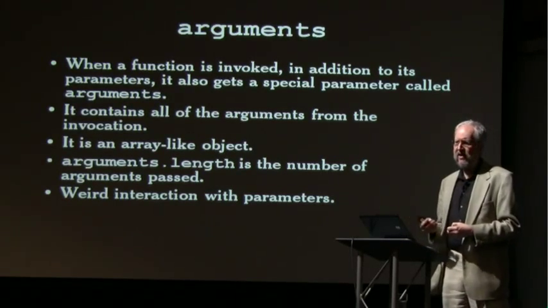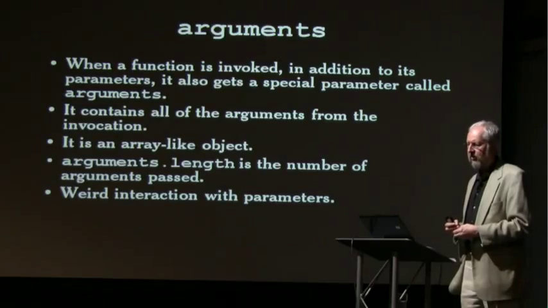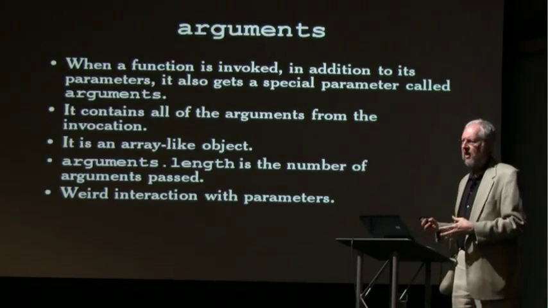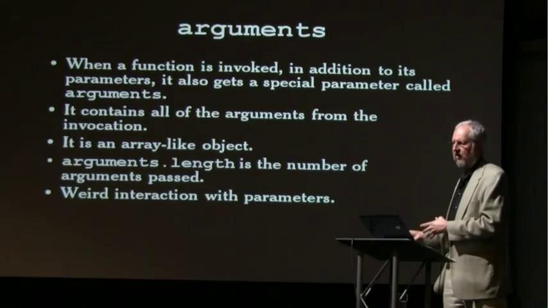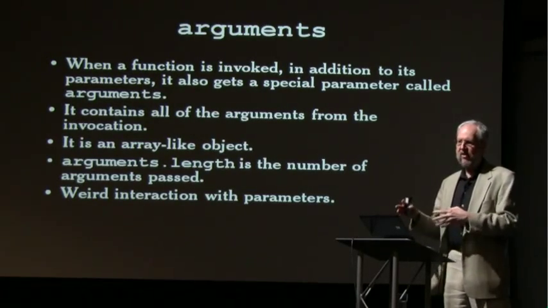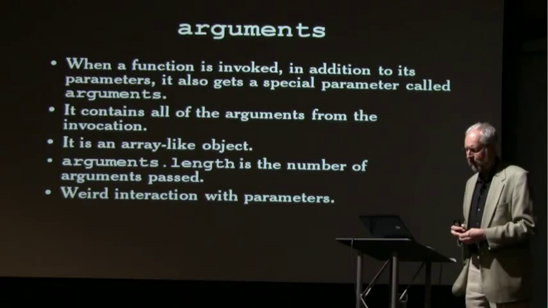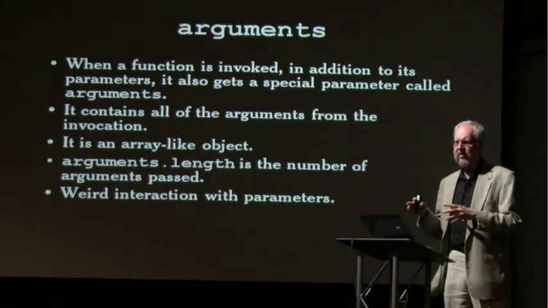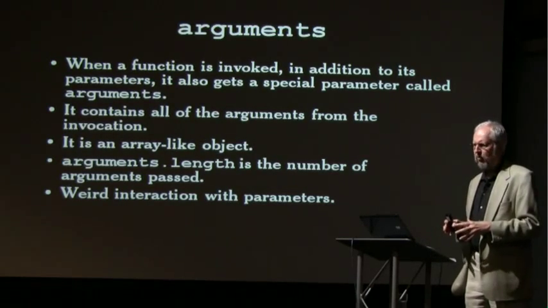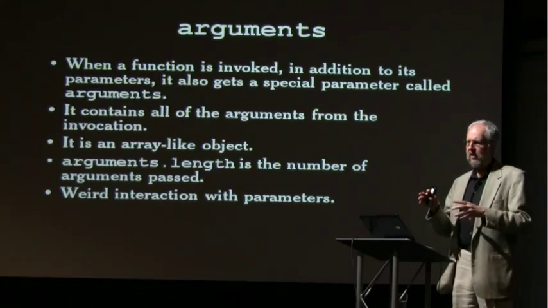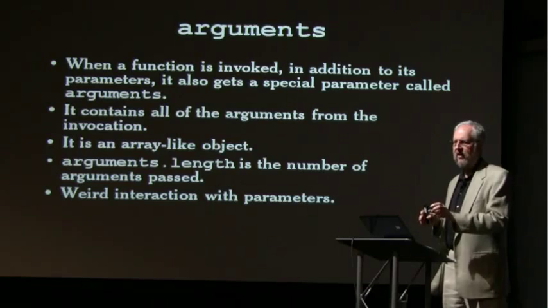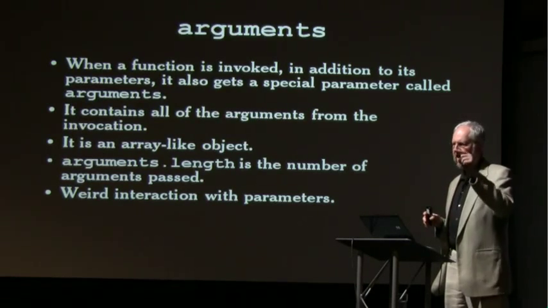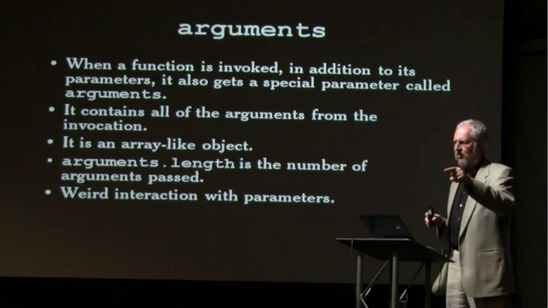It's array-like in that it has a length property, so you can ask arguments how many arguments were actually passed to this function, which might be different than the number of parameters that you specified. It also has very weird interaction with parameters. If you change one of the elements of the arguments array, you may change one of the parameters that it's associated with.